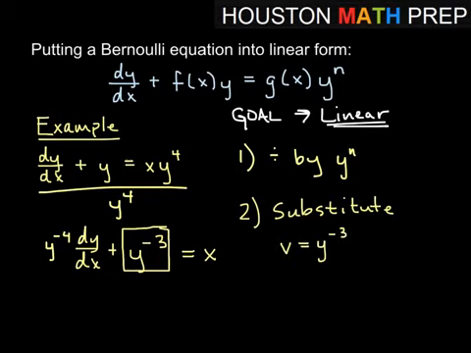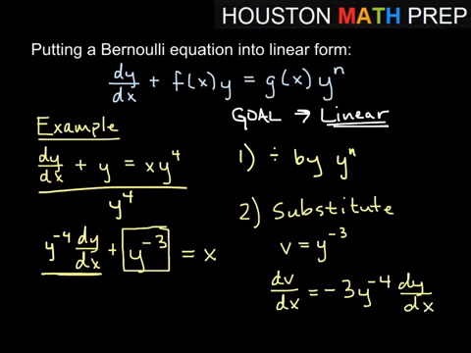And the reason we're choosing that is because we're always going to get one less power of y over here by dy/dx. So when I do my substitution of v equals y to the -3, then when we find the derivative, in other words dv/dx equals -3, and then the power goes down by 1, y to the -4 dy/dx.